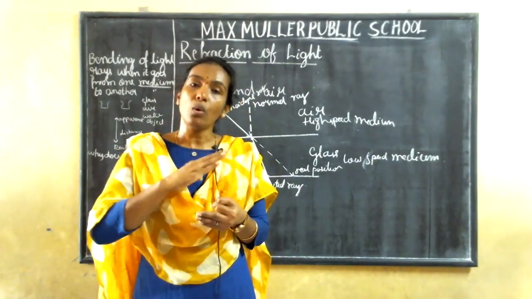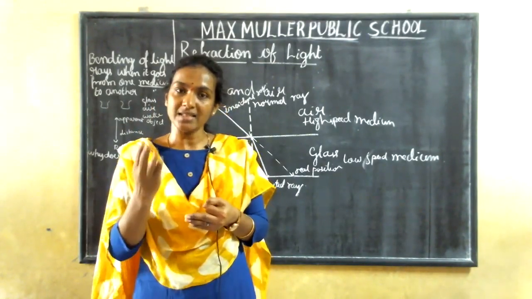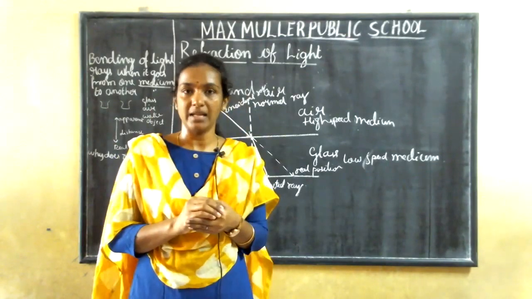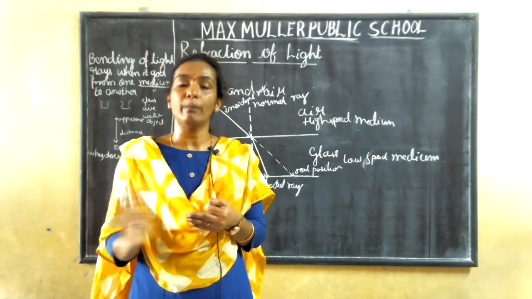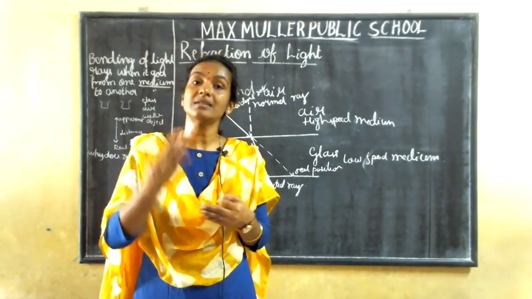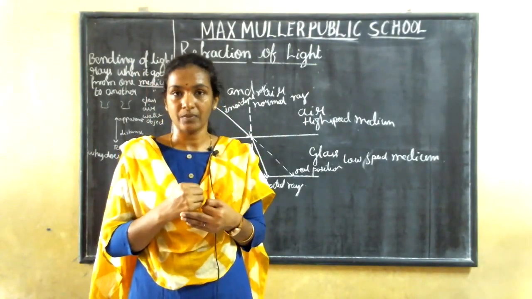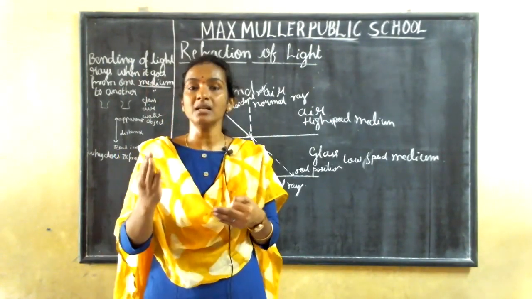So now, why does it bend? Because the speed of the light rays is different in different mediums. So it is going to bend here. Clear? Because light has a property that it wants to reach on time. So how does it bend?